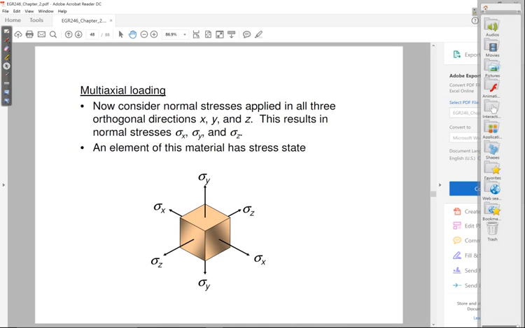So in this generalized type of loading, okay, what we're going to do is look at the strains. So if you think back to our definition for stress and strain and Hooke's law and all those definitions, what you have is sigma is equal to E epsilon, right?